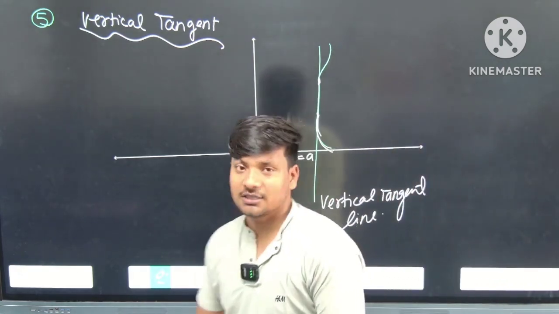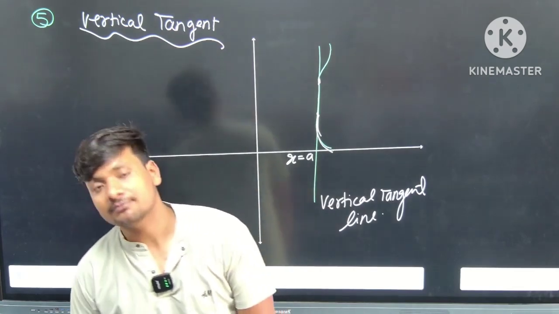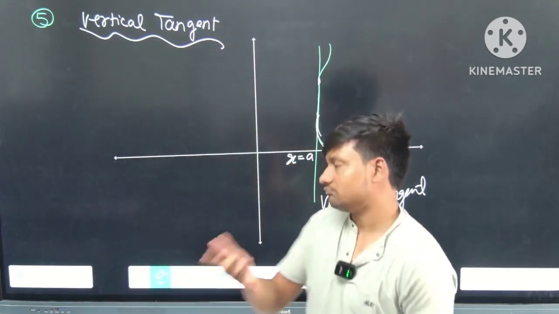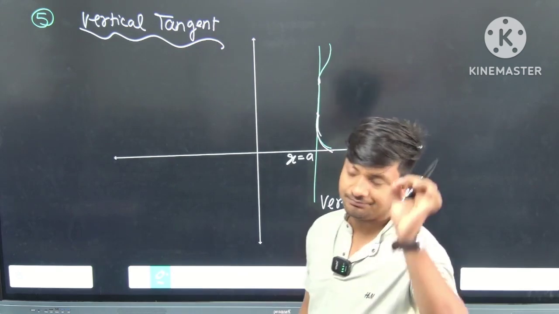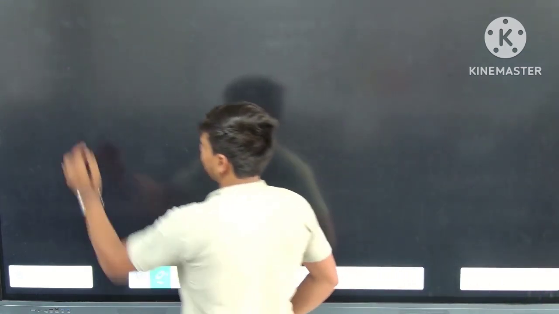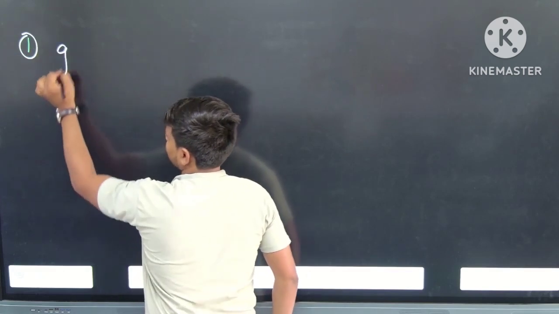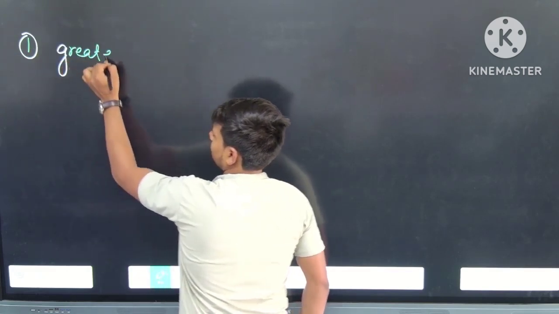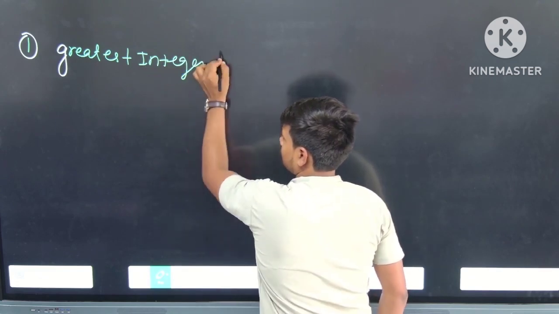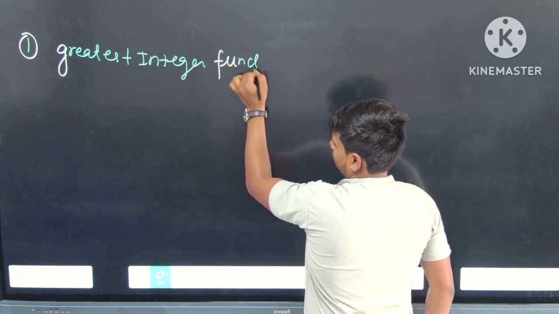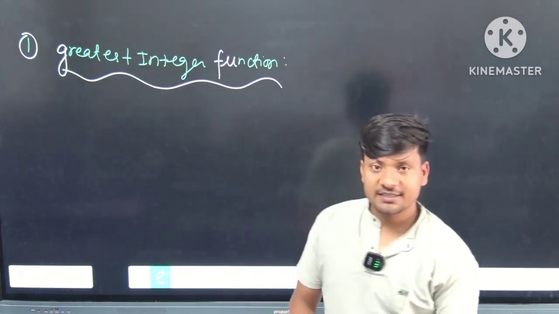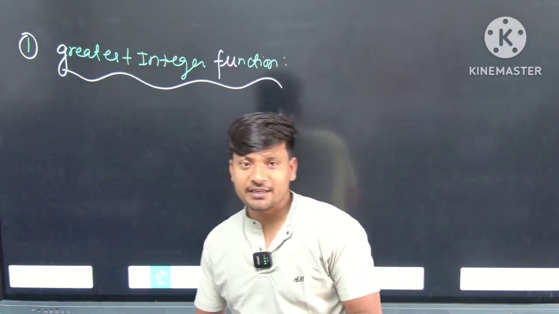Now we will discuss the differentiability of the greatest integer function, modulus function, signum function, and fractional function. So first, the greatest integer function. As we know, the greatest integer function is not continuous at integer points.